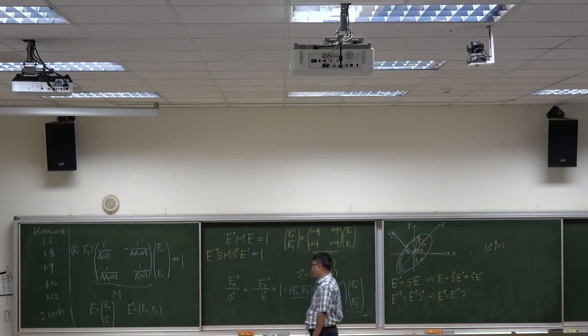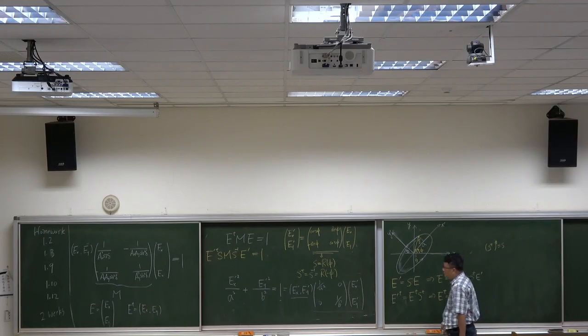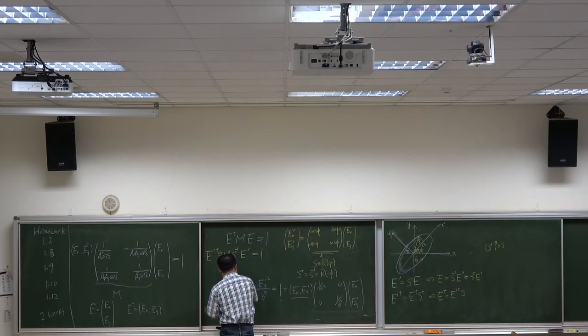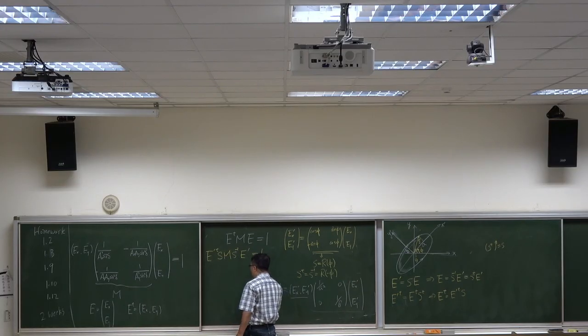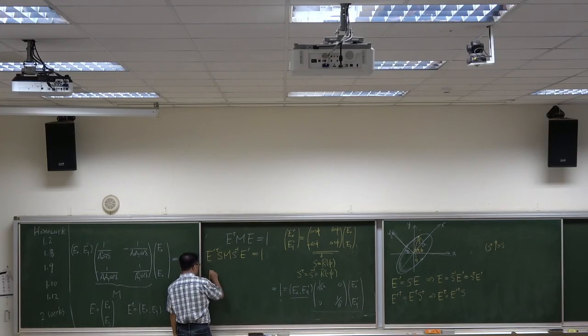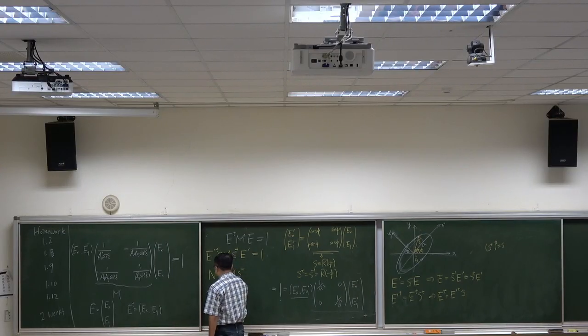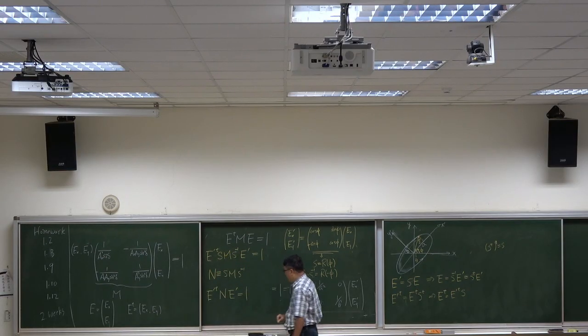Okay. Because S transpose is S inverse. So now I can denote this as N, so we have E prime transpose N E prime equal to 1.